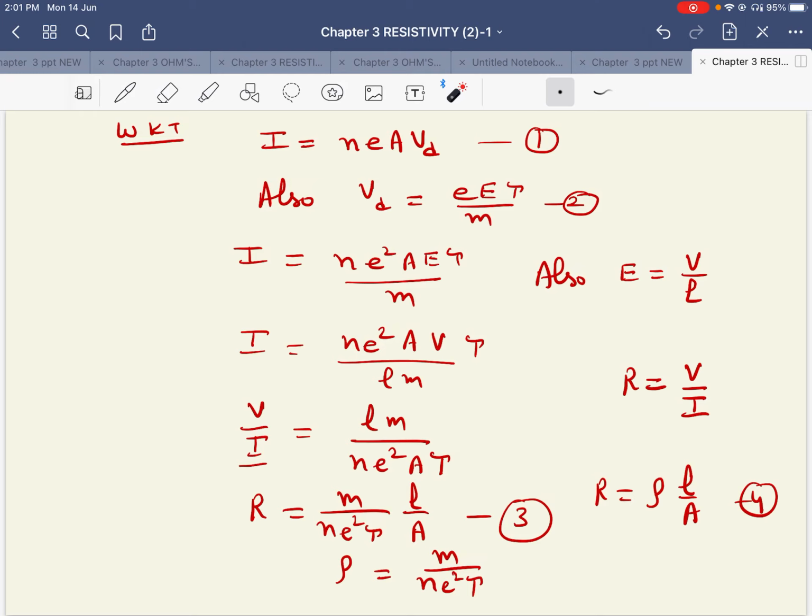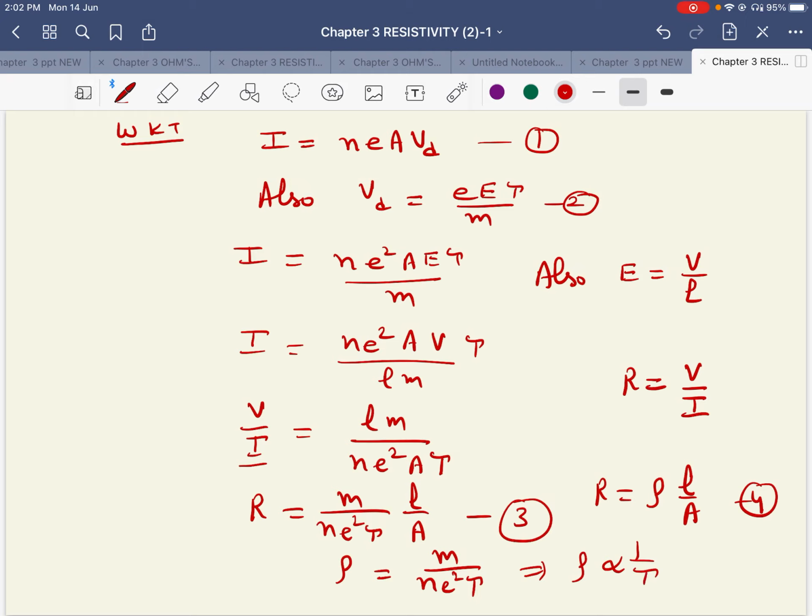From here it is found that resistivity is inversely proportional to relaxation time, depending upon mass, number density and charge. We know that mass and charge on the electron remain constant, and suppose number density remains constant, therefore resistivity is inversely proportional to relaxation time.